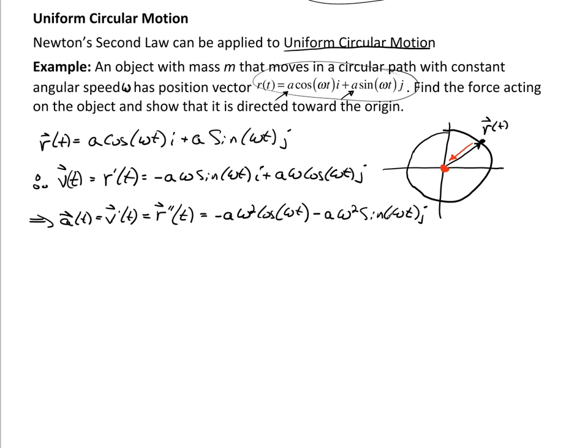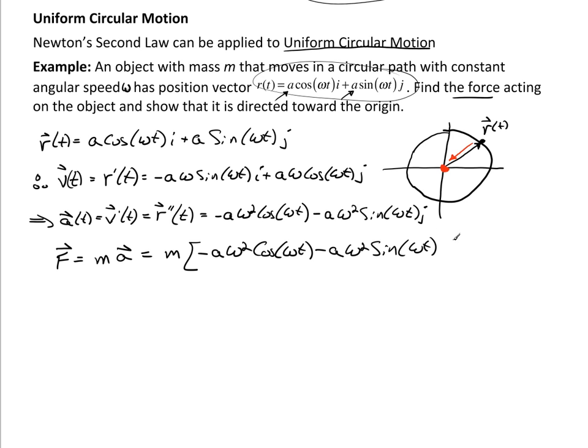Now remember, this is about finding the force. So we just found the acceleration, but what's the force? Well, force equals the mass times the acceleration vector. So the force is going to equal mass times negative a omega squared cosine omega t minus a omega squared sine omega t.